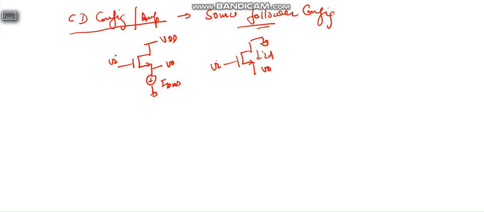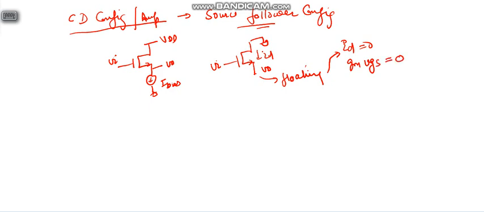Now the output node is floating. Therefore ID equals 0, current is 0. So gm VGS, ID is gm VGS equals 0.